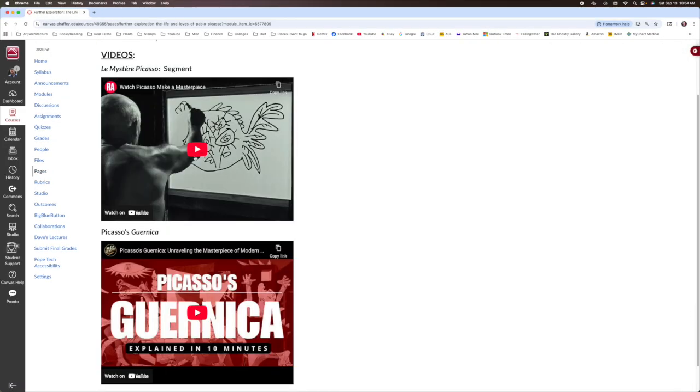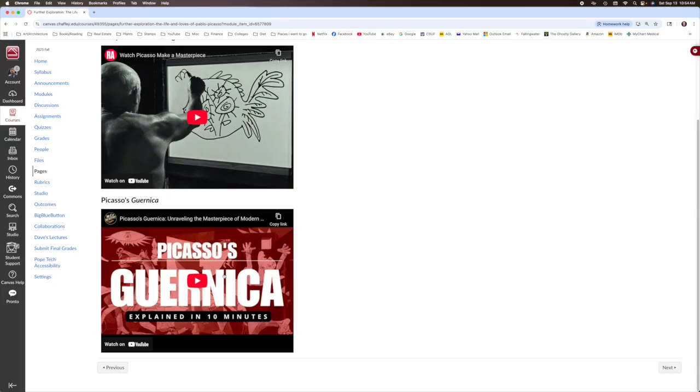The first one is actually a segment from the only film I've ever seen of Picasso, and it's 2 hours of him drawing. So this 2-minute segment is a perfect representation of the film. And then one that's very important is Picasso's Guernica. This is his largest painting that he ever completes.